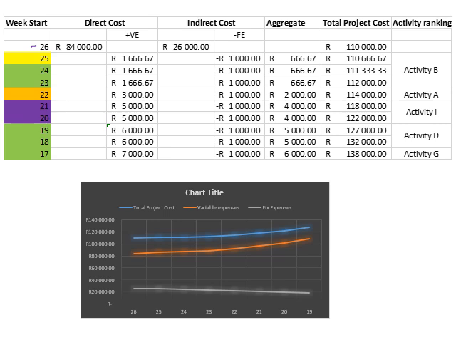So at 26 weeks, we could calculate that we had a direct cost of 84,000 and indirect cost of 26,000 Rand. Okay, and then you can see our fixed cost is quite linear. As the project time is reduced, the cost goes down.